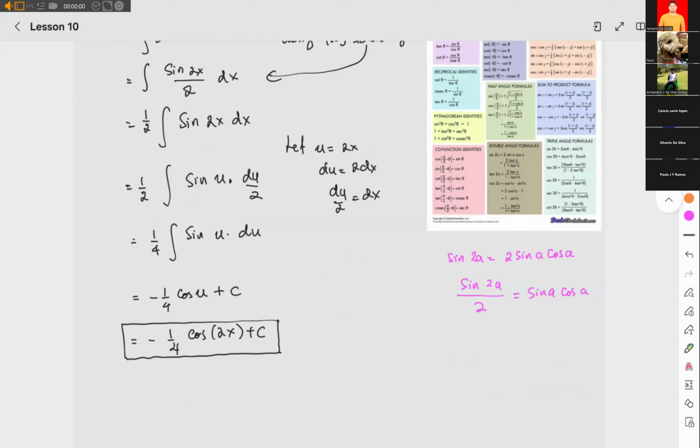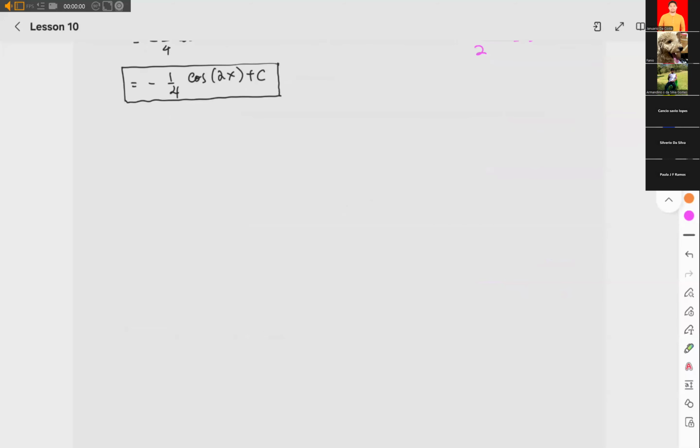Okay, what about this? Number 35. The integral of, let's say, sine square of x dx.